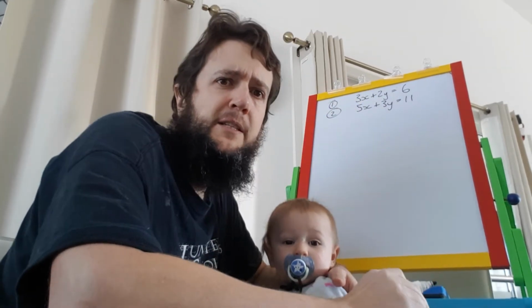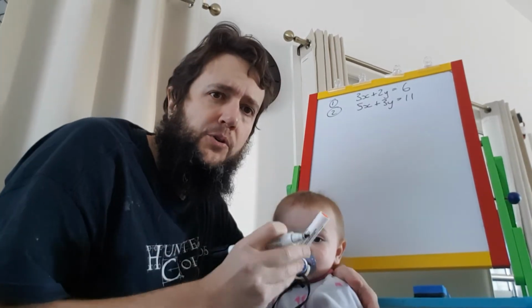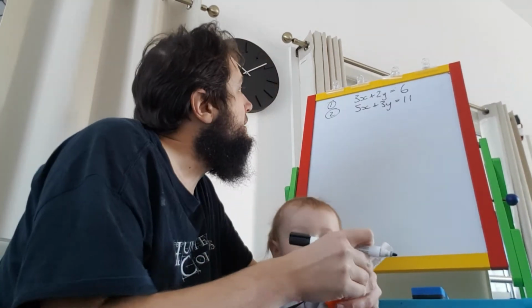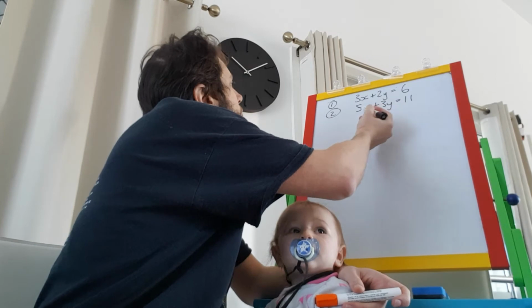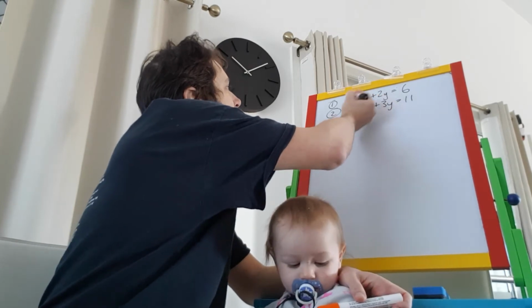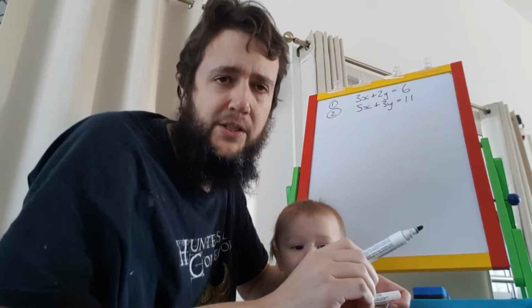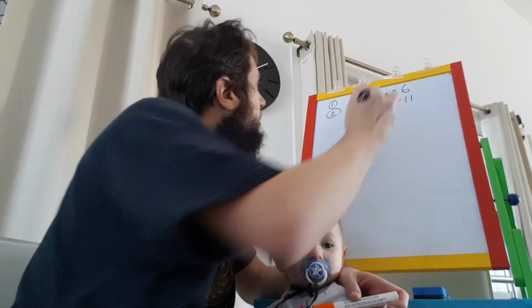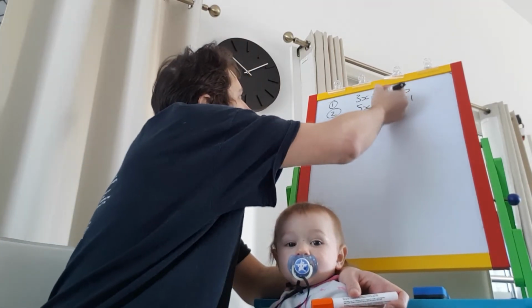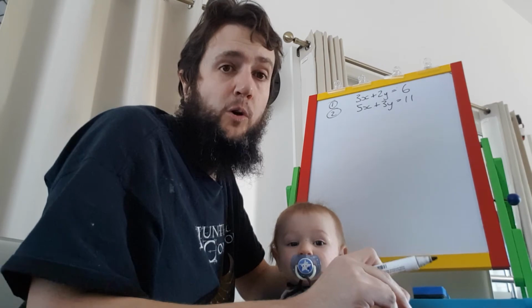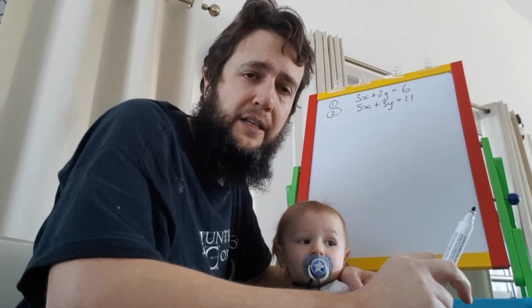If you wanted to be technical, we could start talking about lowest common multiple here. So what do I want to target? The lowest common multiple there would be 15. I could change all the equations so that they've got 15x. Or, what's the lowest common multiple of 2 and 3? 6y. I could change all the equations so that they have 6y.